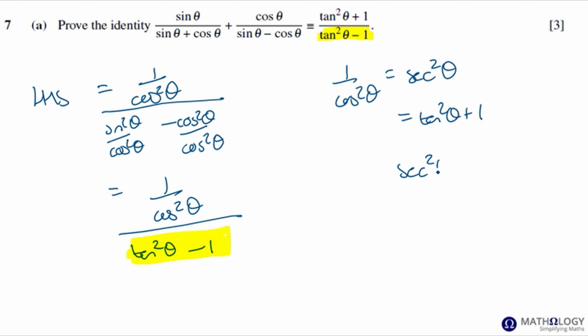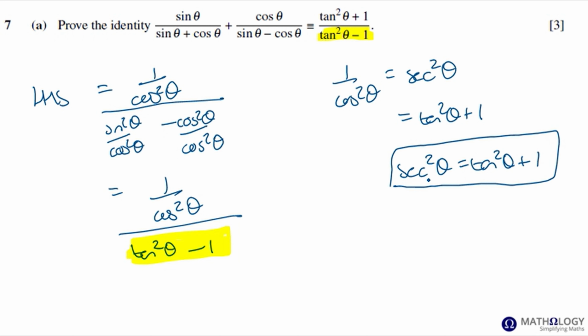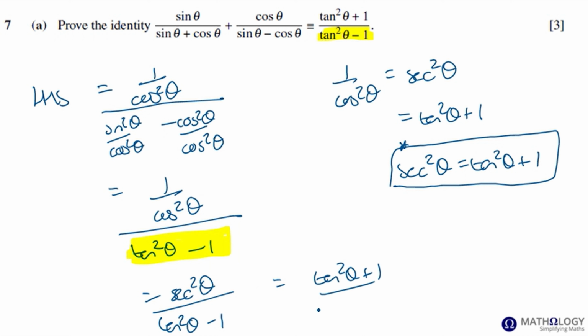So this is yet another trigonometric square identity, which you can easily prove in the CAST diagram. So we have sec squared theta over tan squared theta minus 1, and sec squared is tan squared theta plus 1 over tan squared theta minus 1.